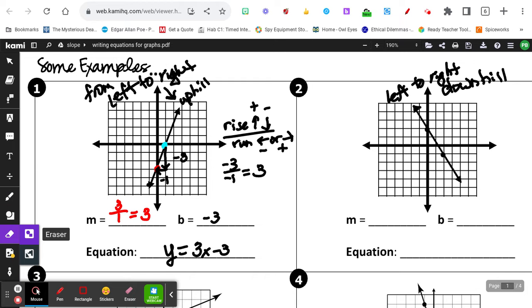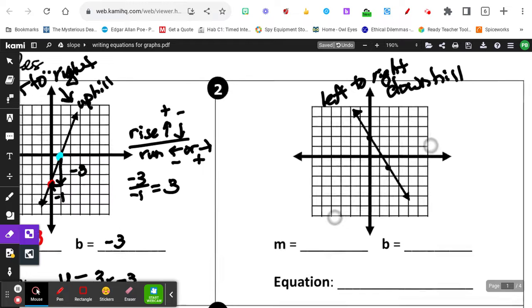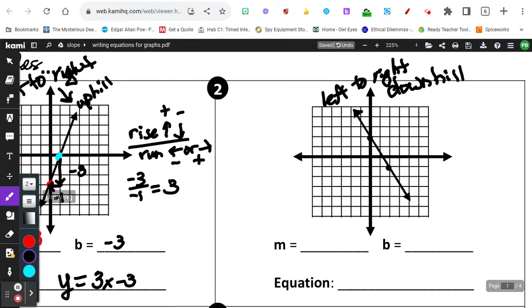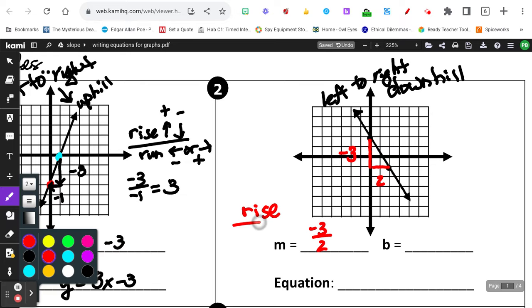All right, what I'm going to do, though, is draw a triangle to calculate my rise over my run. I'm going to go down. I'm going to do it in red so you can see. Down 1, 2, 3. And right 1, 2. So the slope is -3 over 2. Remember, I always do rise before run.